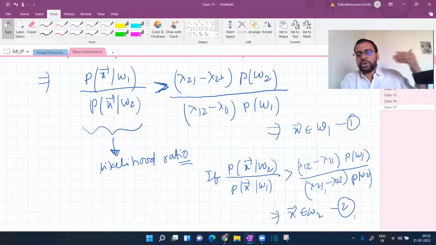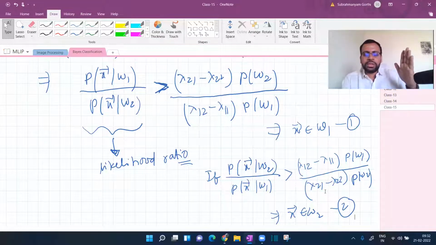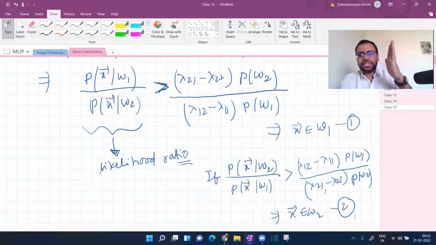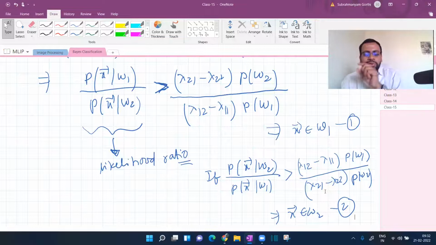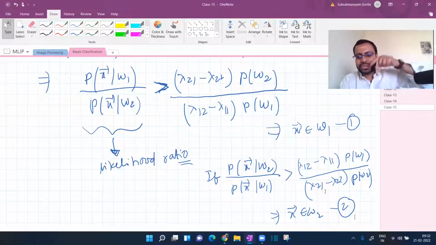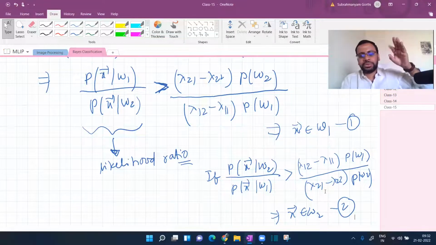But in the coming modules, you would see how, instead of these regions, we will take a monotonically increasing or decreasing function of these probabilities. Based on that, you would figure out which region it would fall in. That's how you do it.